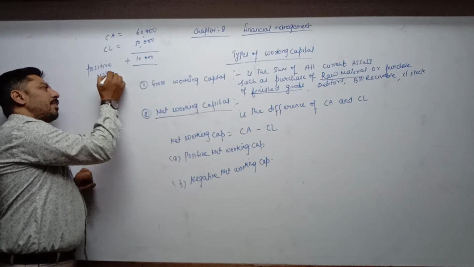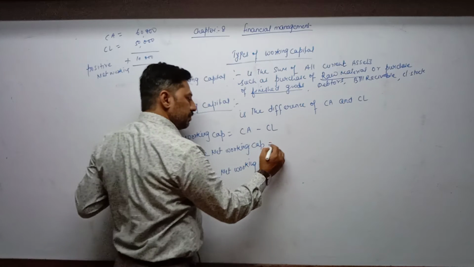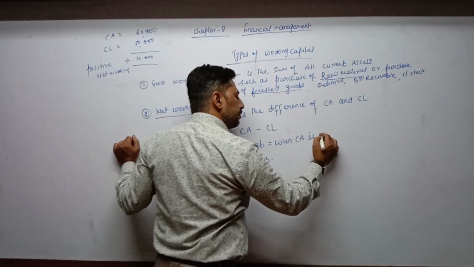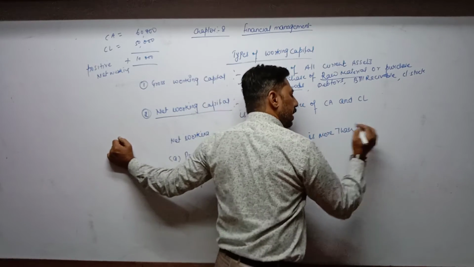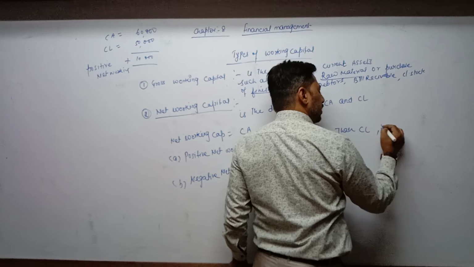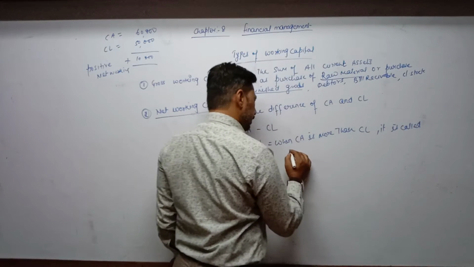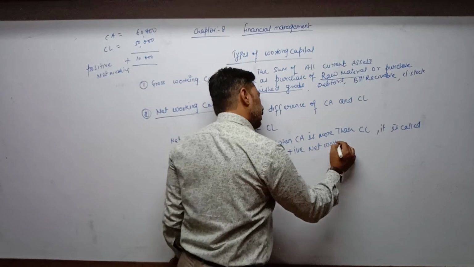Positive net working capital. It means definition is when current asset is more than current liability, it is called positive net working capital.